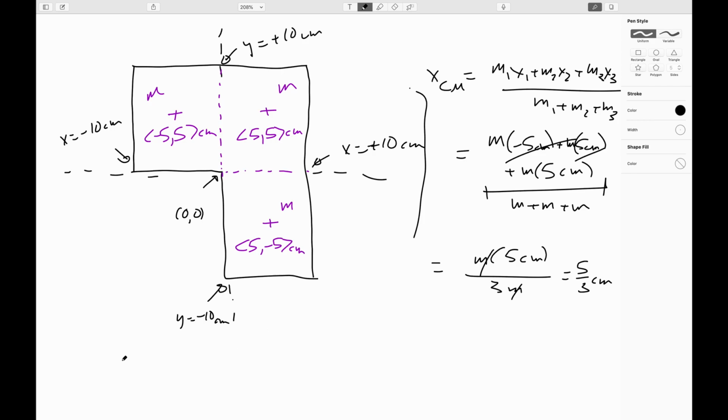And we can repeat the same exercise for the y-coordinate of the center of mass. That'll be m1y1 plus m2y2 plus m3y3 over m1 plus m2 plus m3.